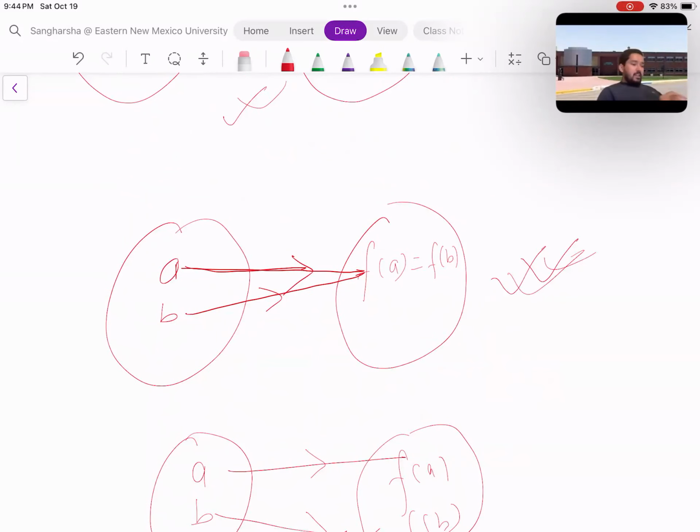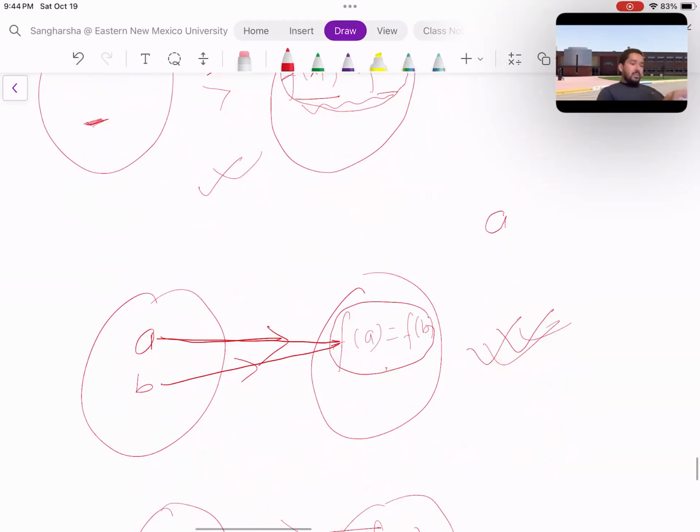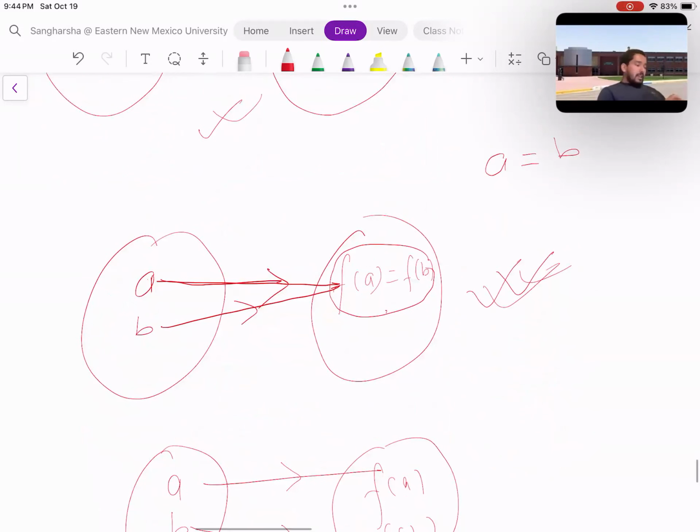So this is one-to-one, but here, this is not one-to-one. Now we assume their outputs are the same. When we assume their outputs are the same and solve similarly to what we did earlier, you will end up getting A equals B. It means A and B are exactly the same. So you don't have two different inputs here.